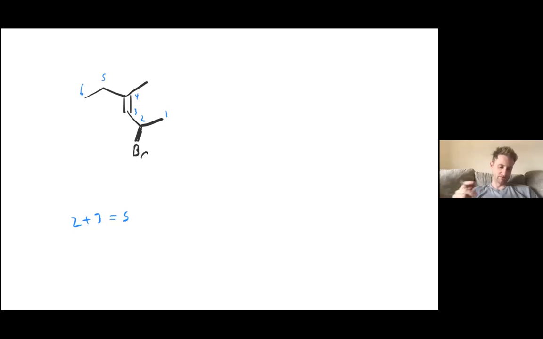Oh, and I guess there was a substituent on 4 also. Okay, so on 2, we have a bromine. On 3, we have our alkene. Just gonna write alkene for this. We're 6 carbons, so this would be hexene. On 4, we have a methyl group.